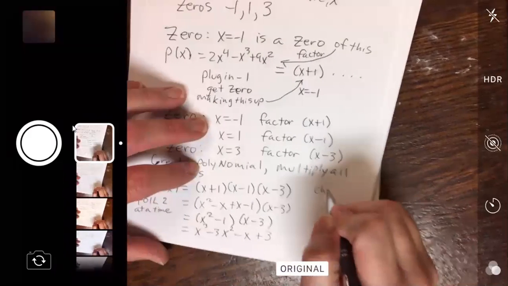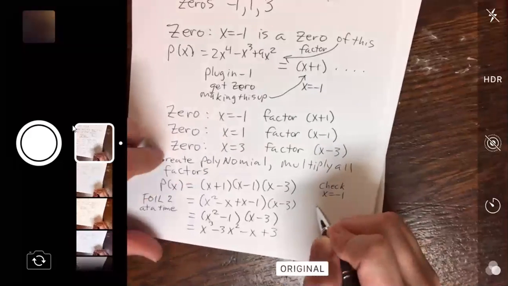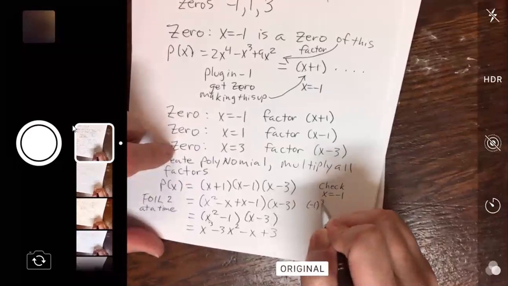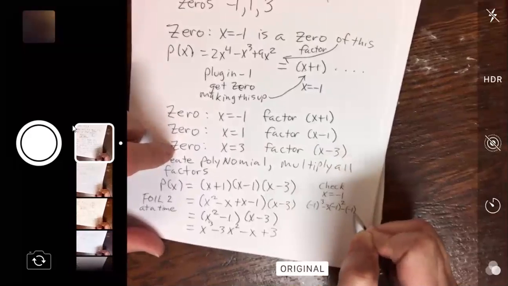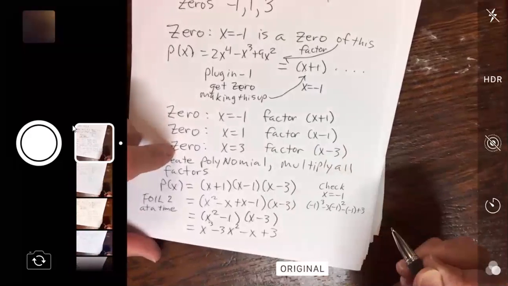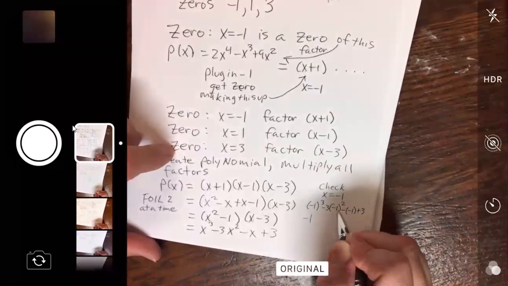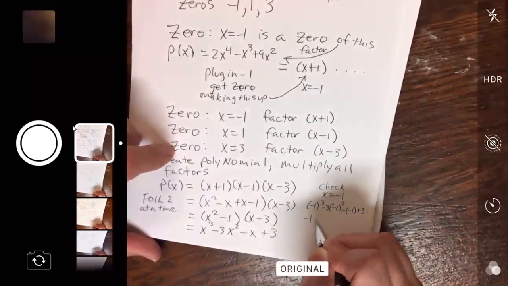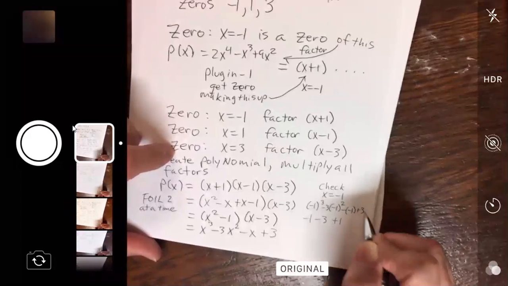So I'll just use x equal -1. This means I get -1 to the third minus 3 times -1 squared minus a -1 and add 3. -1 to the third, that's -1. -1 squared is 1, but with the negative, there's -3. Minus -1, that's a +1, and here's +3.